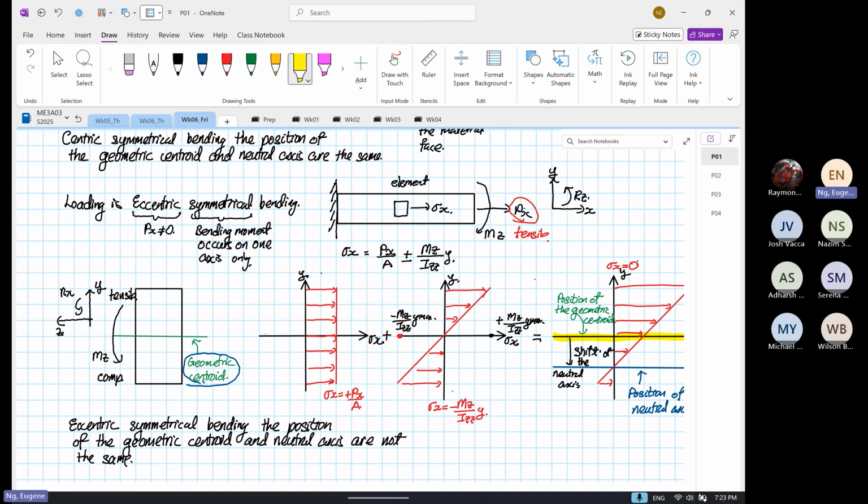If it is centric symmetrical, the geometric centroid and neutral axis are the same. Under eccentric symmetrical bending, the positions of the geometric centroid and neutral axis are not the same. That is what I'd like to highlight.